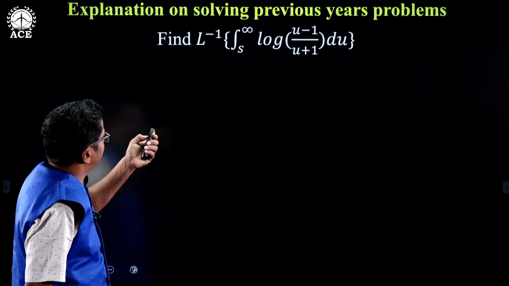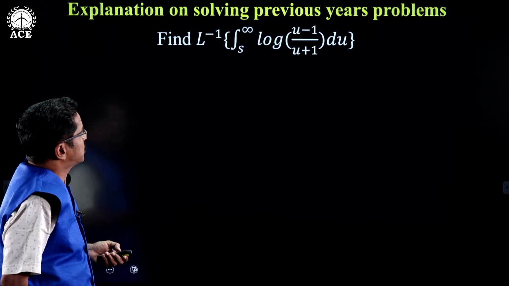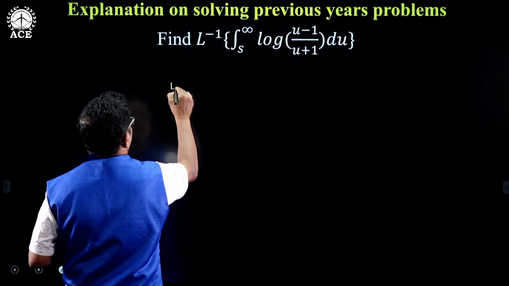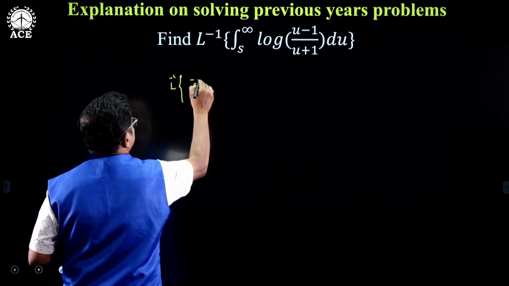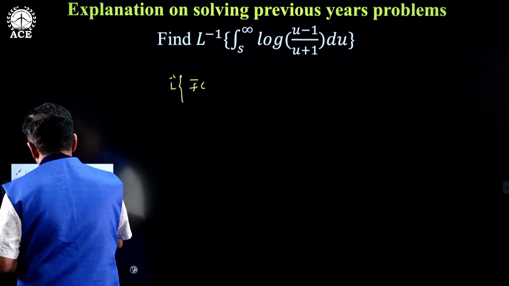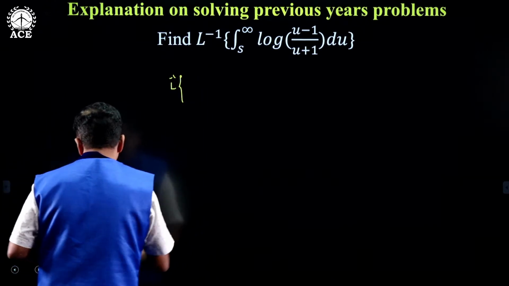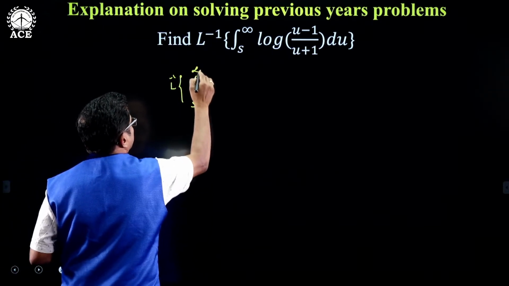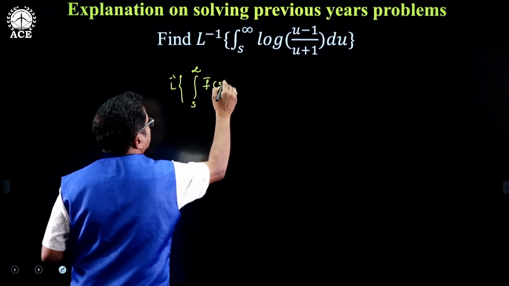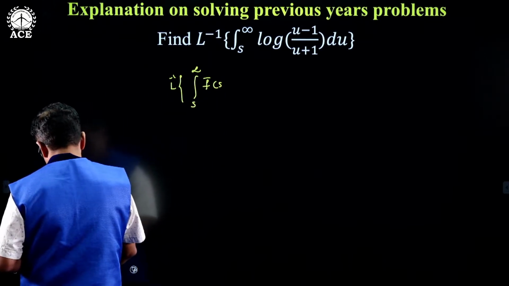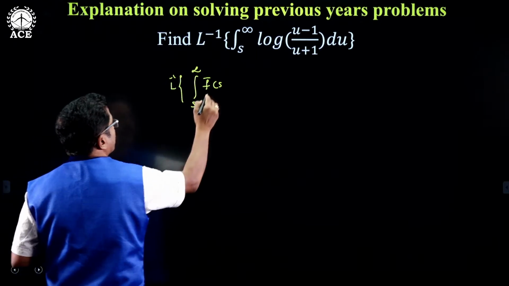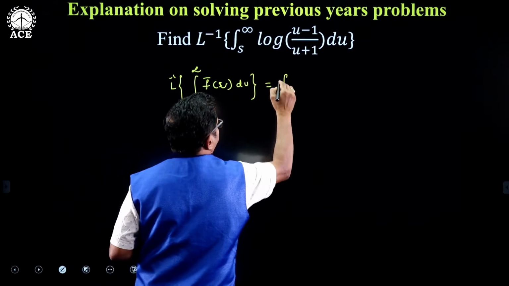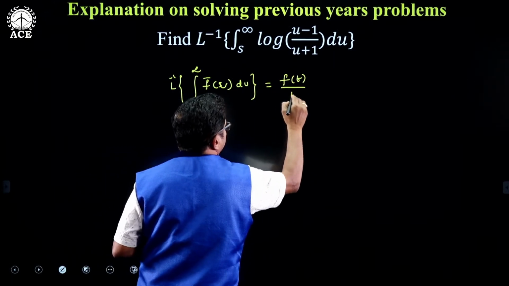Now I am going to evaluate the integration from s to infinity of log of u minus 1 by u plus 1. So actually, L inverse of the integration from s to infinity of f bar of u du equals f of t by t.